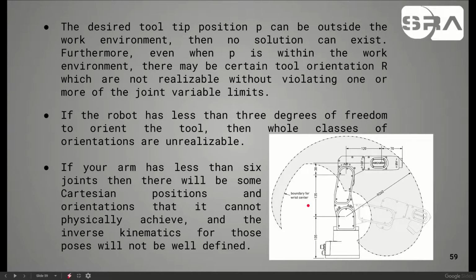So even if that point is quite close to the robot, it still cannot reach it. So that is one thing to note as well, that in inverse kinematics, you won't always get a solution. You have to think about that as well. The existence of a solution is very important, whether that solution exists or not.